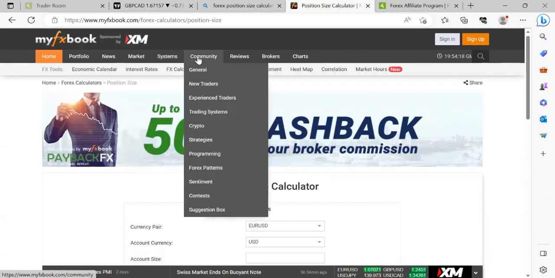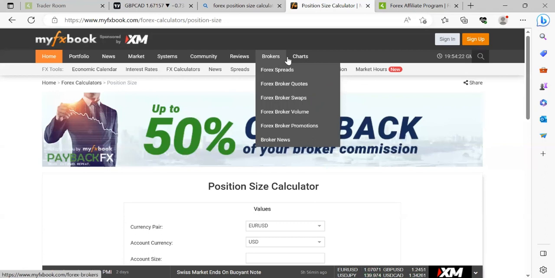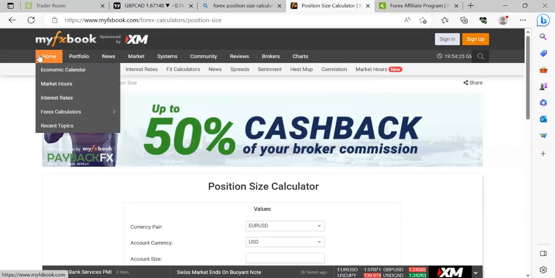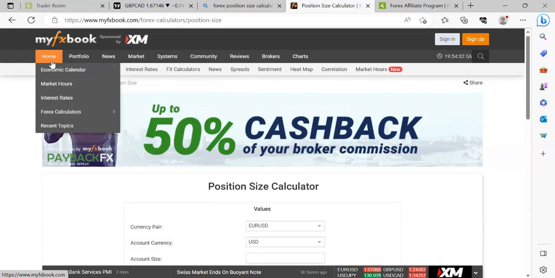Let me see, where is it? Yes, this is the Forex calculator. When you get home, you see Forex calculator.